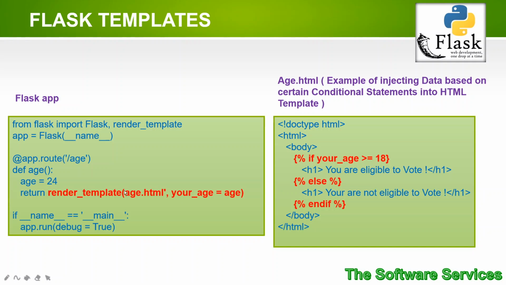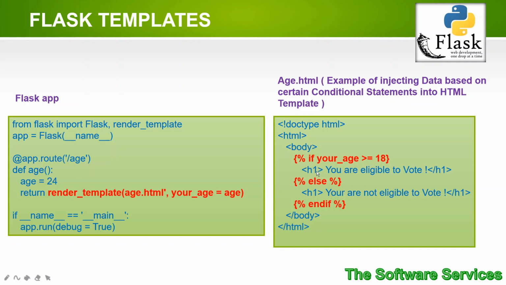And I am supplying that age data into this HTML as a key, yours_age, right? Then what will happen? It will go and search for age.html inside the templates folder. This is the age.html which was defined there. And then how we are injecting: if the age is greater than 18, then only this HTML code will execute, friends.